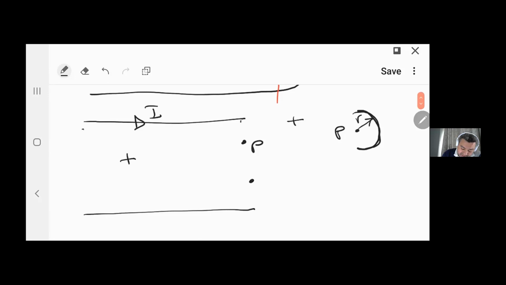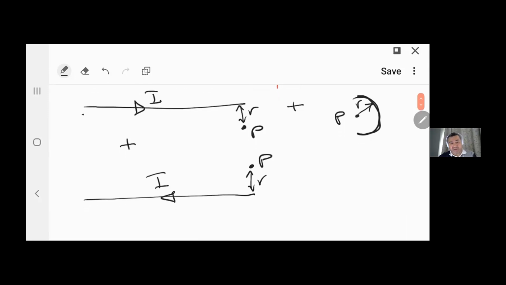So the distance here is R, the distance here is also R, and this is the point P. We have the current going in this direction. So as you can see here, I have now three distinguished sections of wires that I can use my earlier derived half infinite wire and semicircular loop to calculate the magnetic field right at the point P.